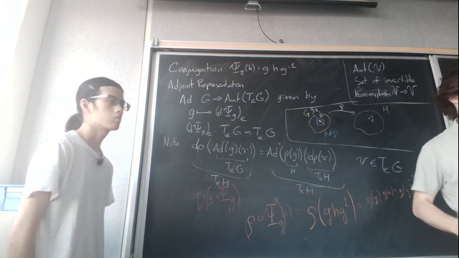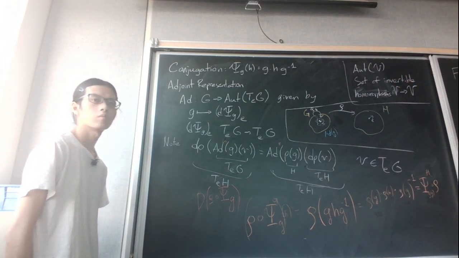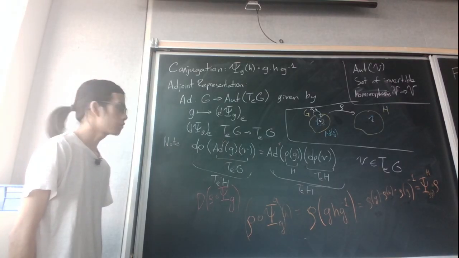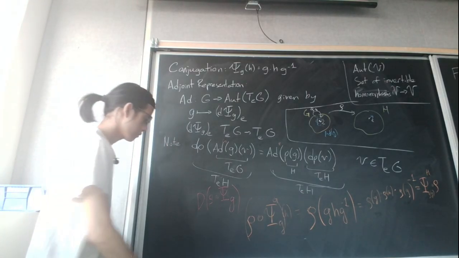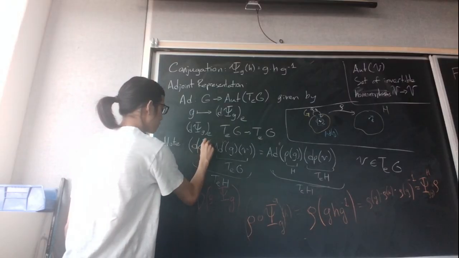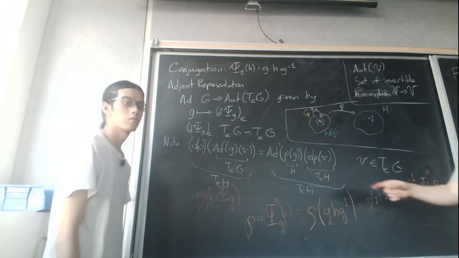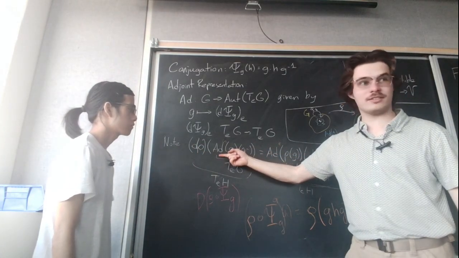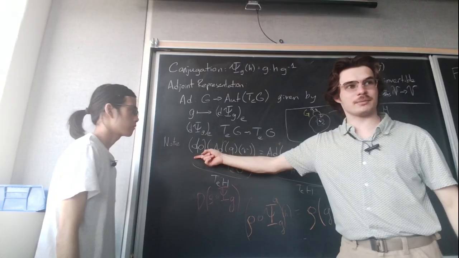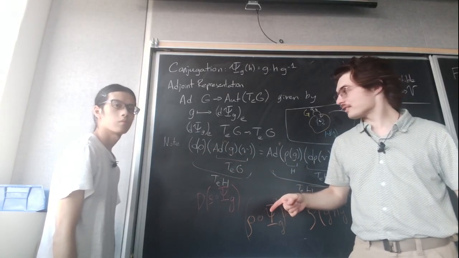Yes? Why is the left side the derivative of the composition and not like d rho applied to something? This is a linear map. I apply this linear map, and then I apply this linear map. And why is that the derivative of the composition?